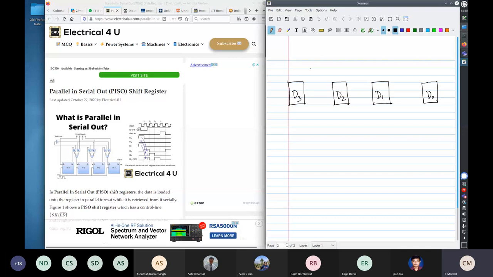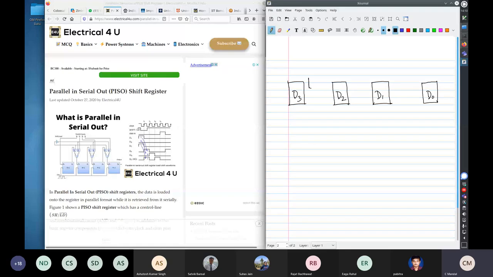If you want that, you can have a 2-to-1 multiplexer here, and this one is the parallel input.